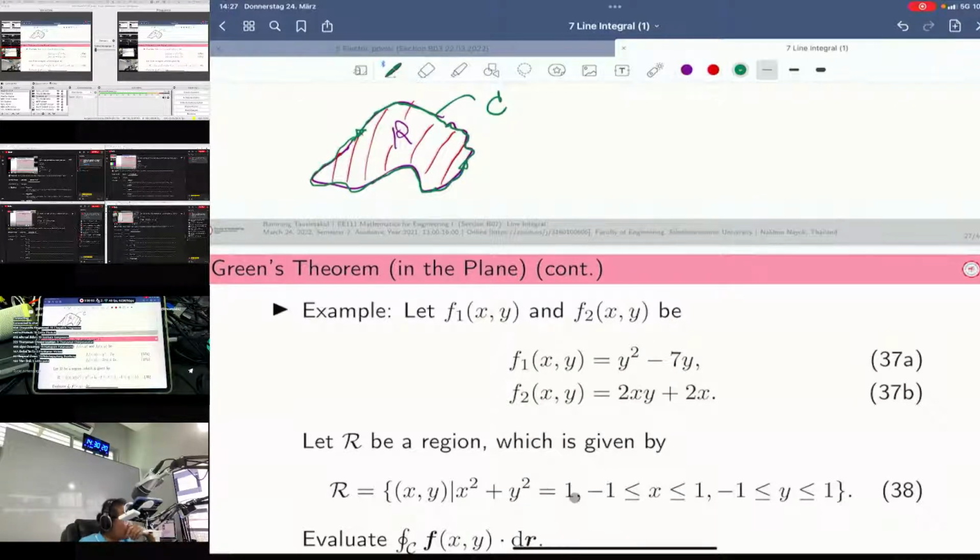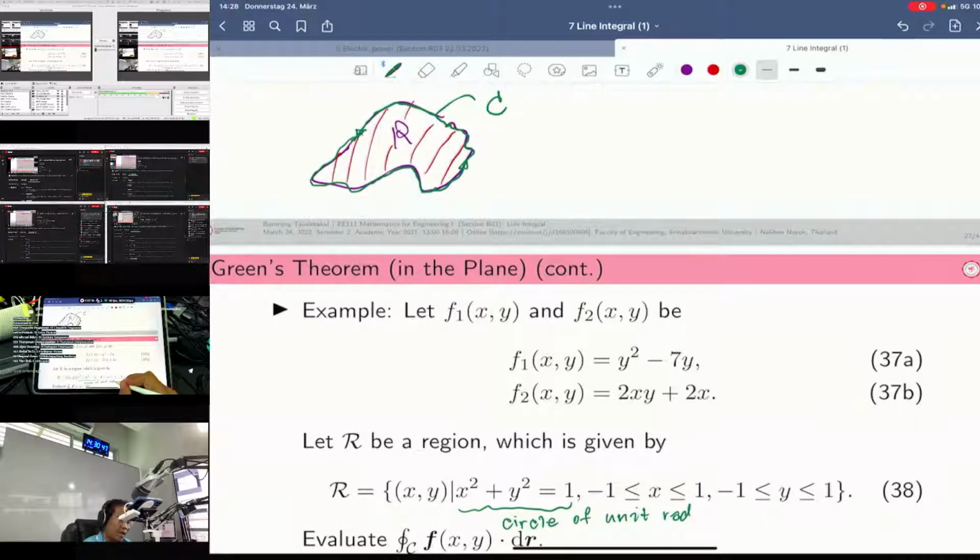One important thing in the line integral in this chapter is that you need to know some basic shapes of curves. For example, this one, x squared plus y squared equal to 1. You need to know yourself that this is the unit circle, a circle of unit radius.